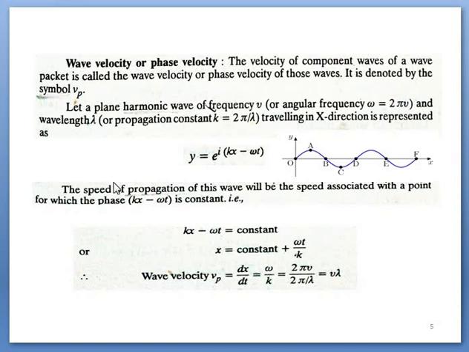So let a wave which is propagating in the x direction be expressed by y equal to exponential of i, the imaginary term, kx minus omega t, where y represents the displacement, k represents the propagation constant of the wave, which is equal to 2 pi upon lambda, omega is the angular frequency, 2 pi nu, nu being the frequency here, and t is the time.